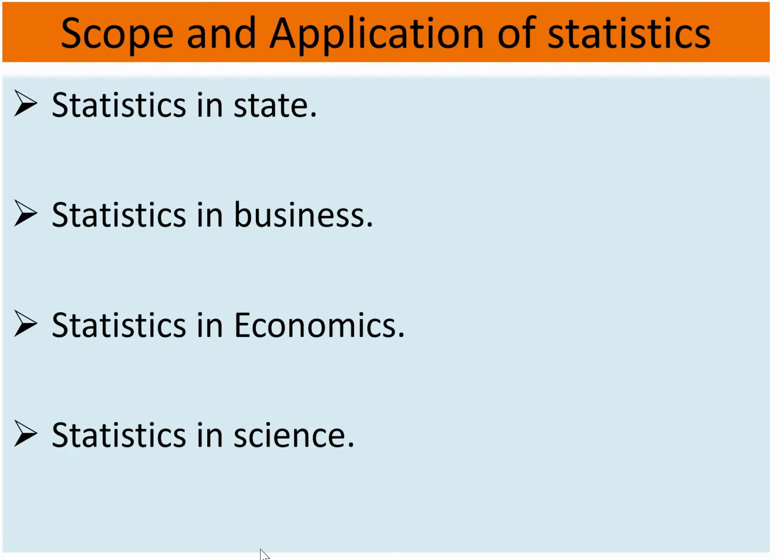So how is it useful in the field of science? See, there are so many things, as I told you, science is a huge field. So we can use that in engineering, we can use that in astronomy, we can use in biometry, we can use in medicine, that is nothing but pharmaceuticals.